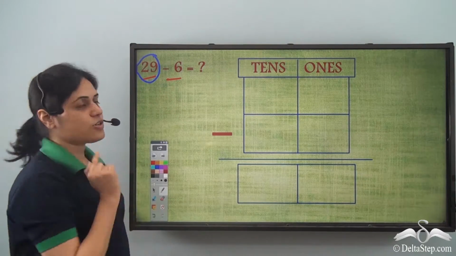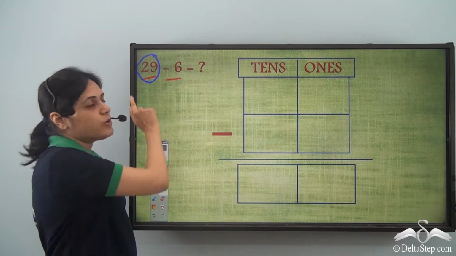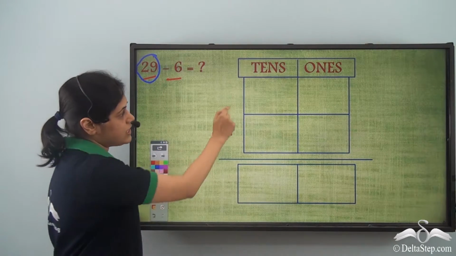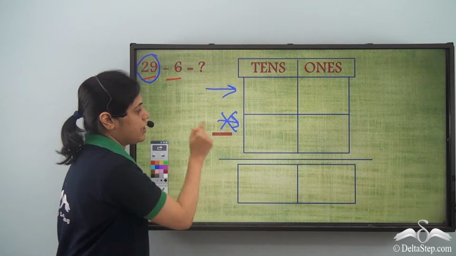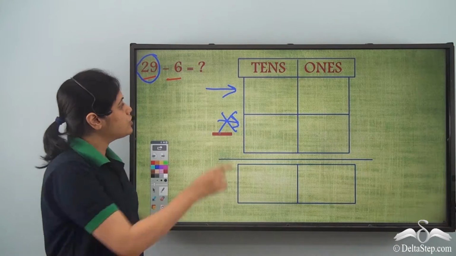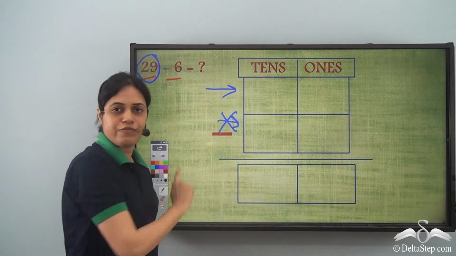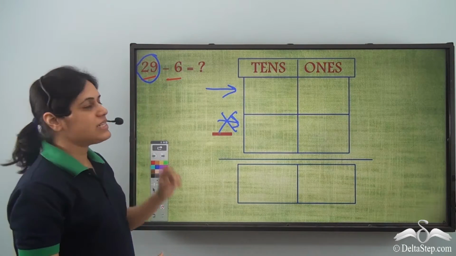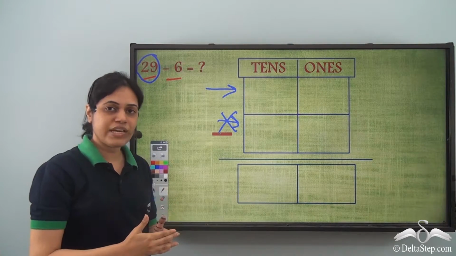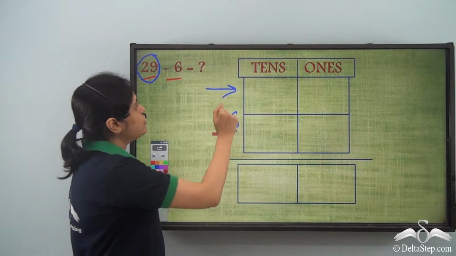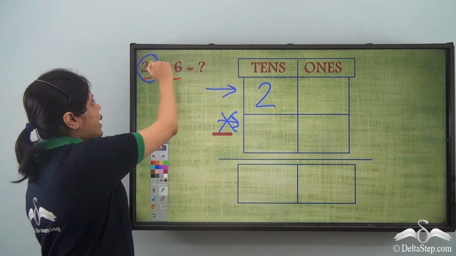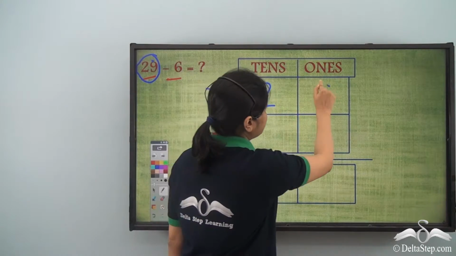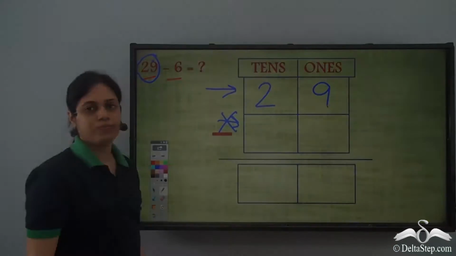Remember that over here we need to put the first number, which is 29, over here. We cannot put it here. It will be incorrect. So 29 will go first. Now 29 has 2 tens and 9 ones. So let me put 2 in the tens room and this 9 in the ones room.